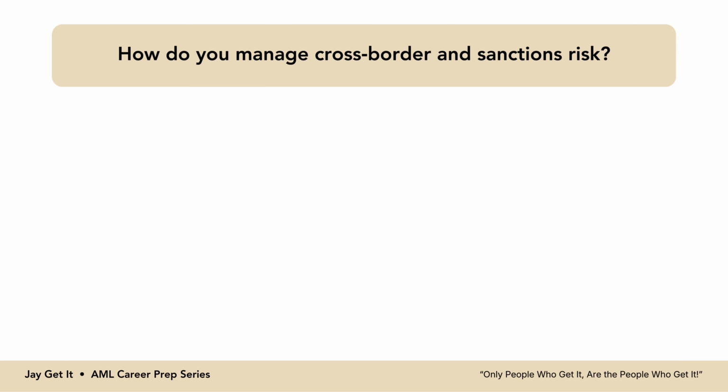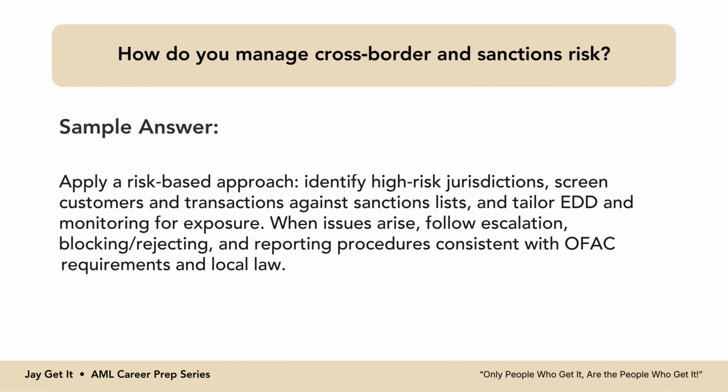Question number 11. How do you manage cross-border and sanctions risk? Sample answer. I apply a risk-based approach, identify high-risk jurisdictions, screen customers and transactions against sanctions lists, and tailor ED and monitoring for exposure. When issues arise, I follow escalation, blocking, rejecting, and reporting procedures consistent with OFAC and local law.